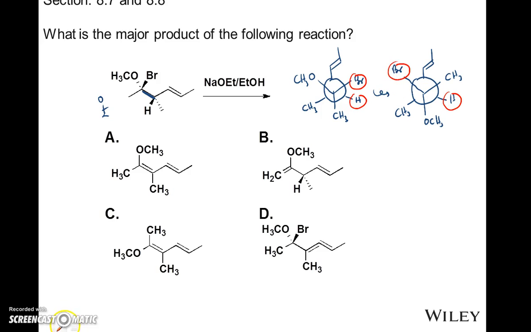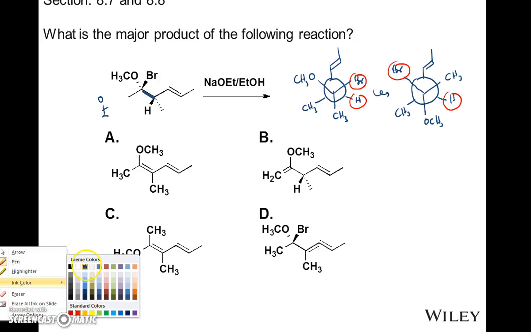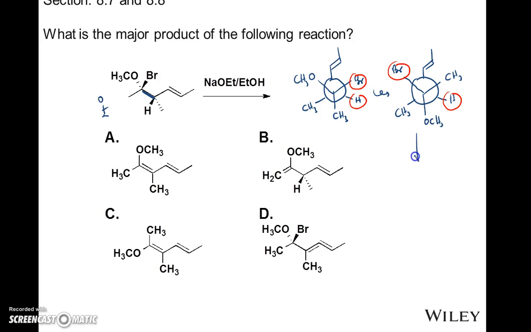So once you get rid of those two groups, what you're going to have will be this. You're going to have a CH3. Then you're going to have an OCH3 and a CH3.